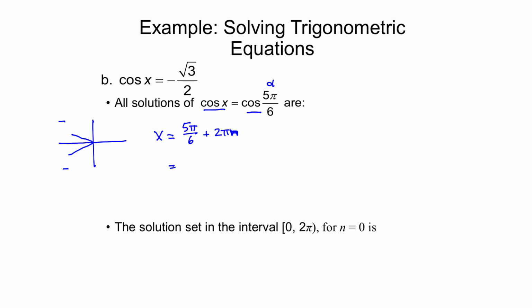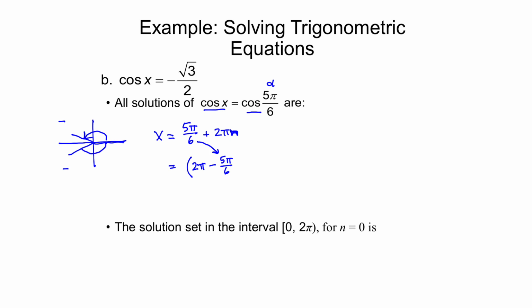And for cosine, we're going to take 2 pi minus 5 pi over 6, our alpha here. It says 2 pi minus alpha. Our alpha is 5 pi over 6. So if I take 2 pi and I subtract 5 pi over 6, 5 pi over 6 took me here.